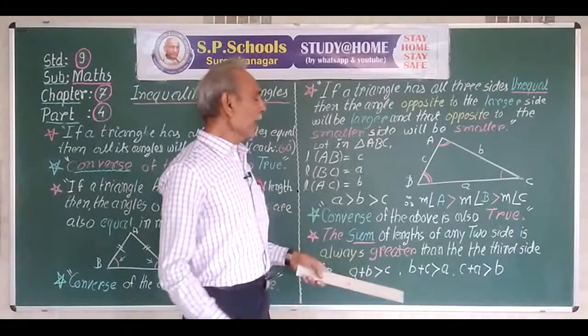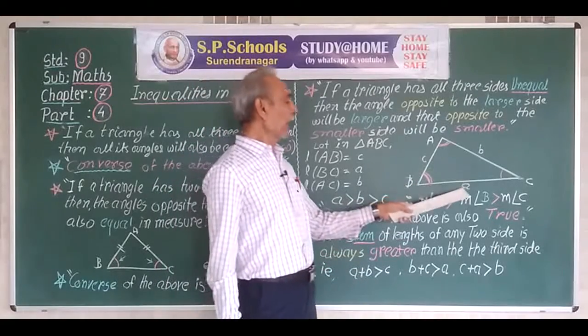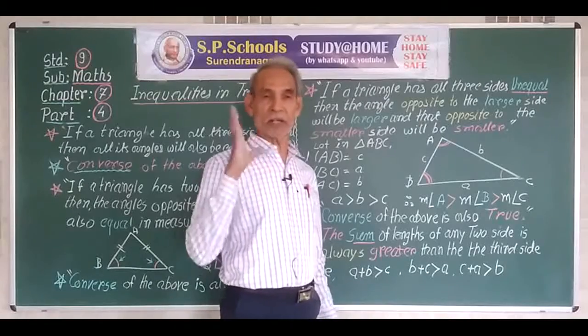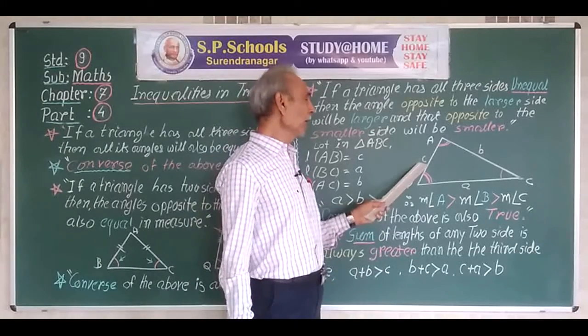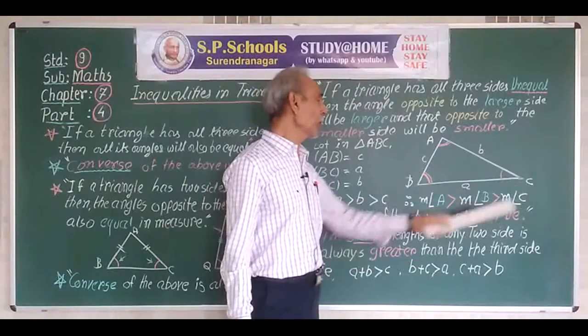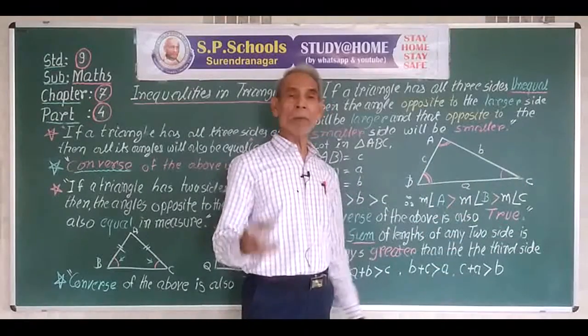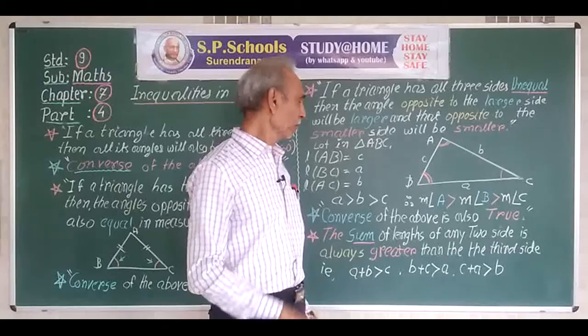So the fact is that the angle opposite to the largest side will be of largest measure. The angle opposite to the smallest side will be of smallest measure.